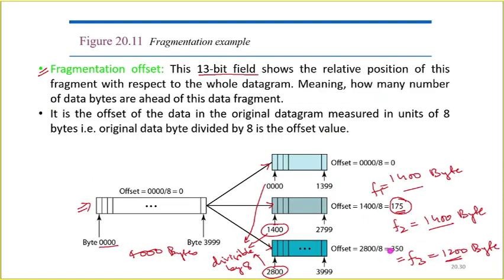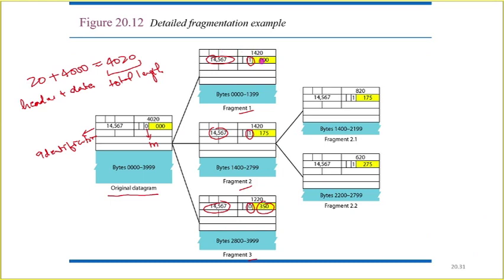And what is the value of bytes, meaning what is the total size? The original total length is 4020. For fragment 1, the data is 1400 and the header is 20 bytes only, so 1400 plus 20 is 1420.